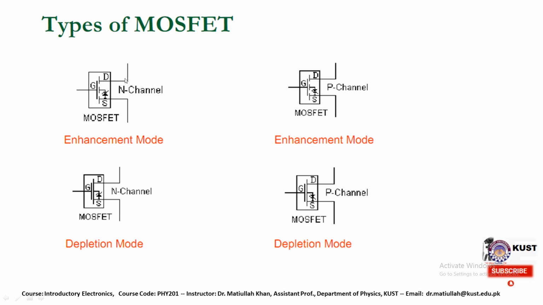Keep in mind this is for the N channel MOSFET and this is for the P channel MOSFET. Both are in enhancement mode, and the other is the depletion mode. Just like the depletion, the width of the depletion layer increases. So this is the depletion mode of the N channel MOSFET, and this is the depletion mode of the P channel MOSFET.